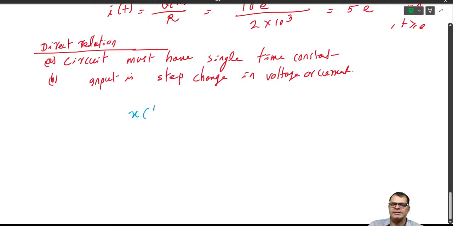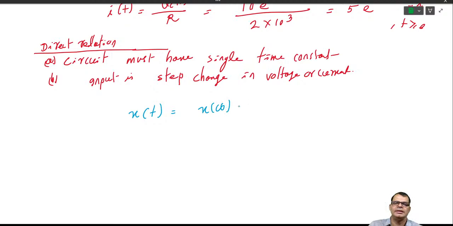I will write like this: x of t is equal to x of infinity minus bracket x of infinity minus x of 0 plus, e raised to the power minus t upon tau.